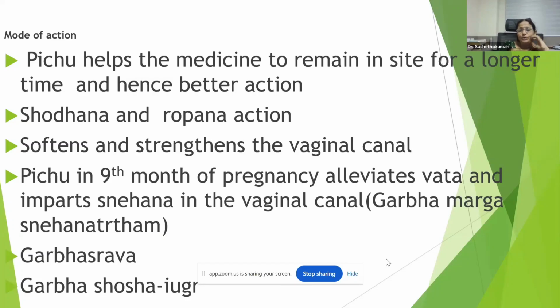As it is told, it helps in the snehana of the garbha marga. Next, the indication is that it helps in Garbhasrava and also Garbha Shosha.